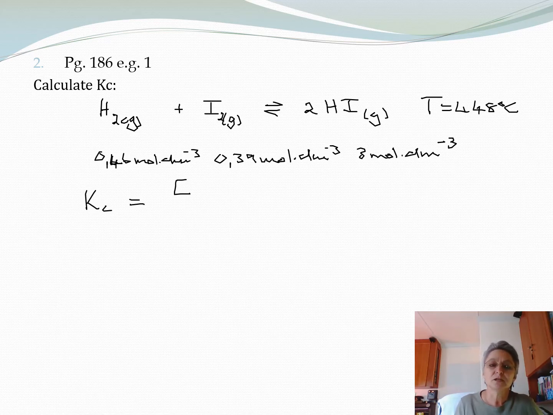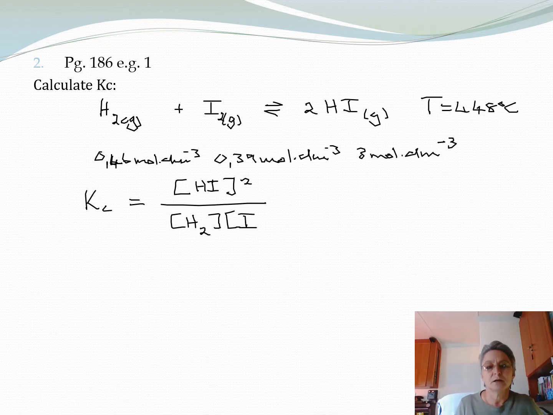It's the concentration of hydrogen iodide to the power 2 divided by the concentration of hydrogen times the concentration of iodine.